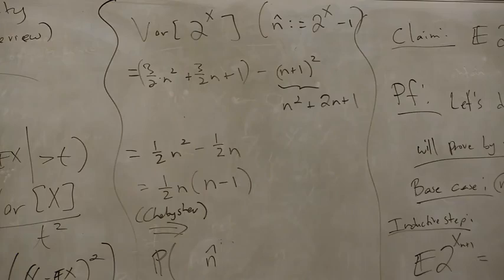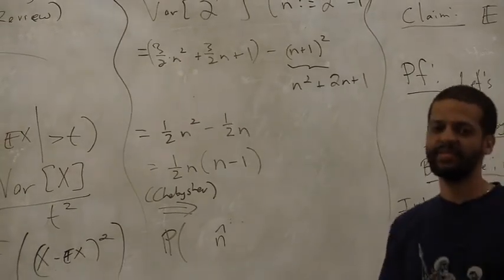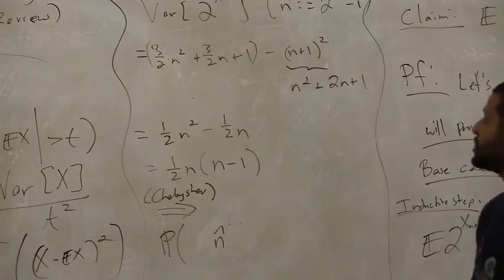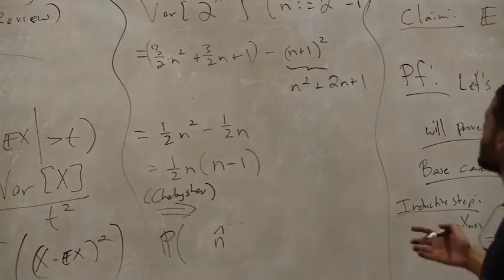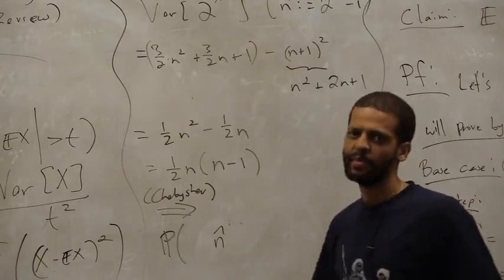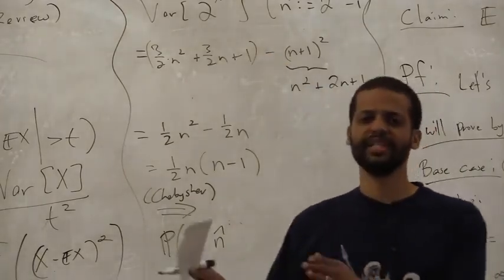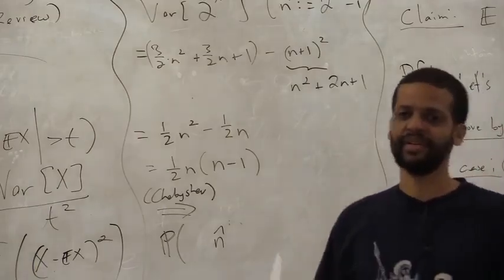We know that n hat, in expectation, is n. The variance of n hat is the same as the variance of 2 to the x, because if you take a random variable and you translate it, that doesn't change the variance.